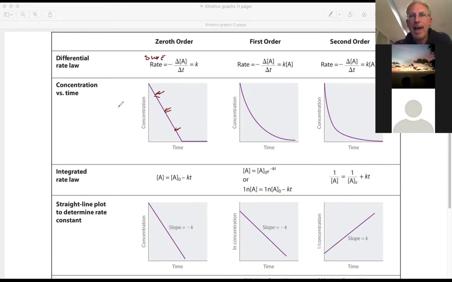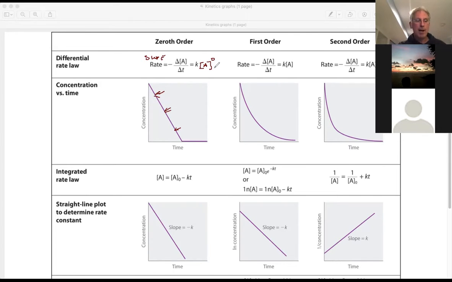So I could write that as K times the concentration of my material, which they're calling material A, raised to the 0 power. Because anything raised to the 0 power is 1, so it just disappears. And so for a 0 order reaction, the concentration of the material doesn't matter at all. You get the same rate no matter what.